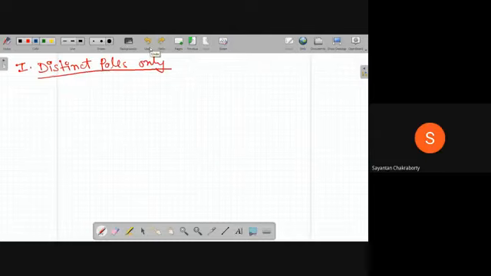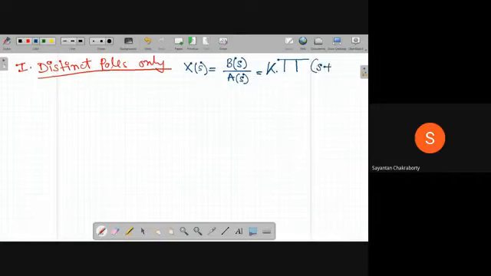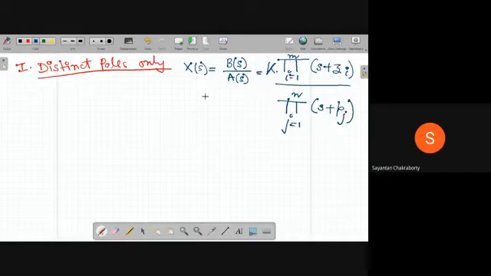The final polynomial, say of X(s), is such that there is a ratio of two polynomials and it is represented as K divided by, so this system has m number of zeros and n number of poles, right?